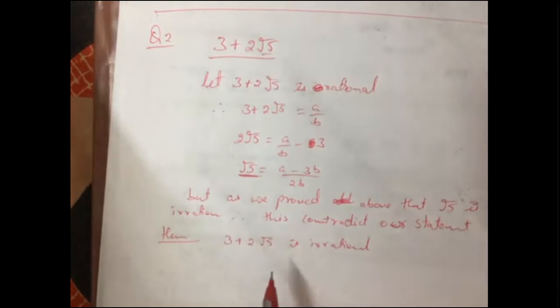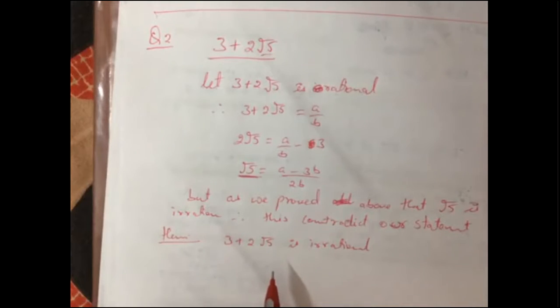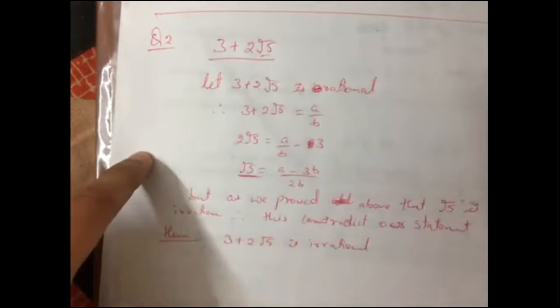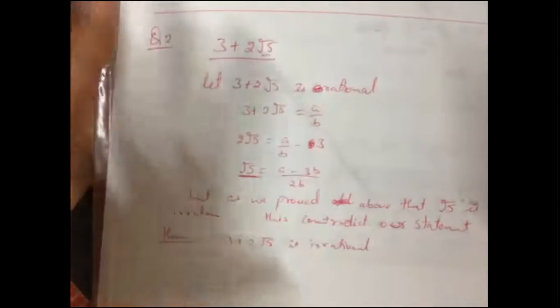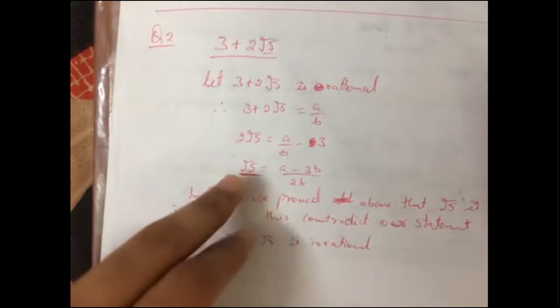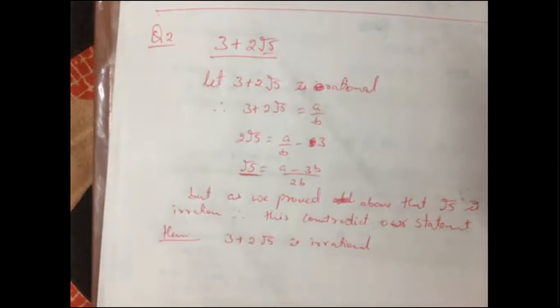Sir, a query: if a 4 marks question comes, why do we have to prove root 5? Obviously it is irrational, we know. No, then we have to state it. Just now, in the previous question, I proved root 5 irrational. If it is 2 marks, we can state it. But if it is more than 2 marks, then we cannot just state that it is irrational.